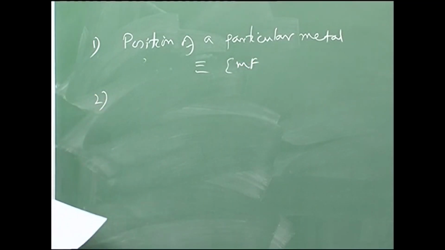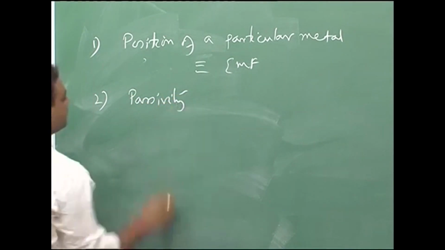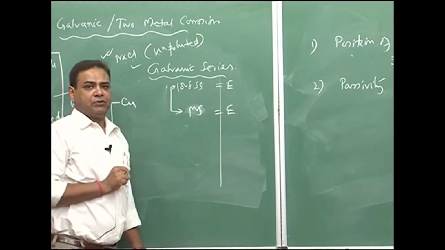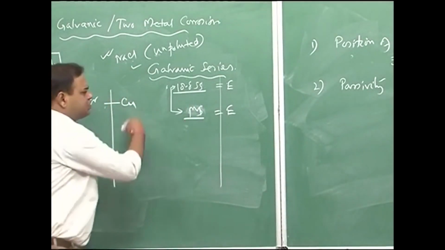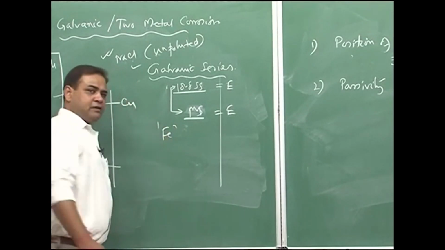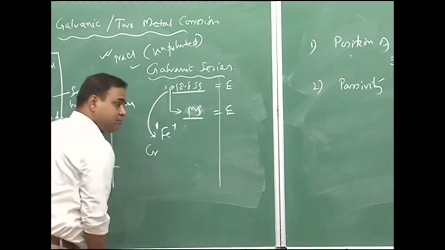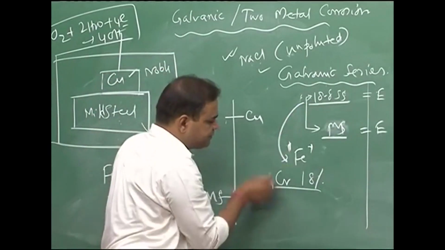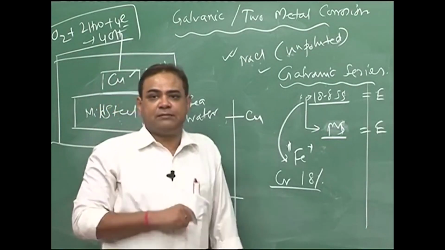Now, the second case, passivity. Passivity always changes the position of the noble and active nature of a particular metal. For example, 18-8 stainless steel and mild steel: the major component of both is iron, but in the stainless steel we have around 18% chromium. Because of this 18% chromium, there is a possibility of formation of a chromium oxide passive layer.